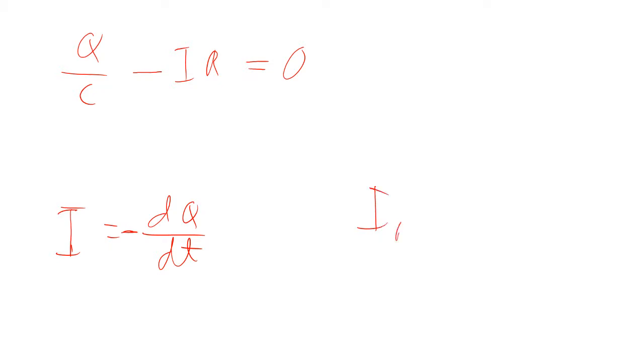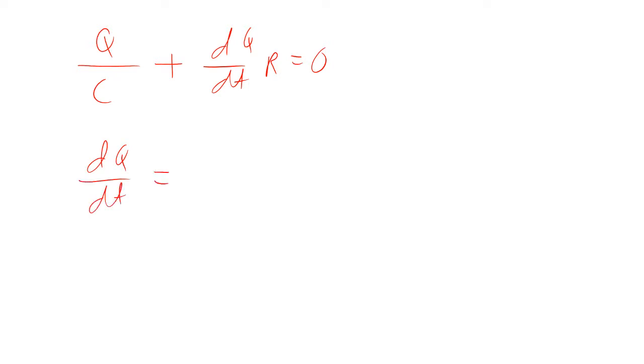So I in the resistor is going to be minus dQ/dt, where Q is the charge on the capacitor. So that means we could say Q over C plus dQ/dt times R equals 0. Let me move that to the other side of the equation. So we have dQ/dt equals minus 1 over RC times Q, and that would be negative if I move it to the other side of the equation.